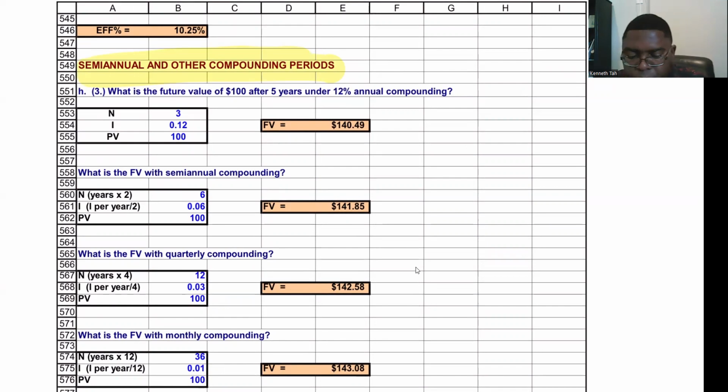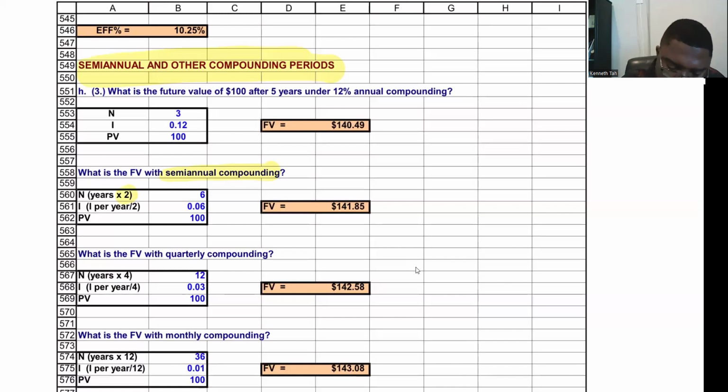If M is the number of compounding periods per year, then if compounding is done semi-annually, M is going to be 2, or compounding will be done every 6 months.